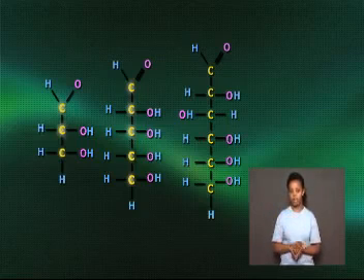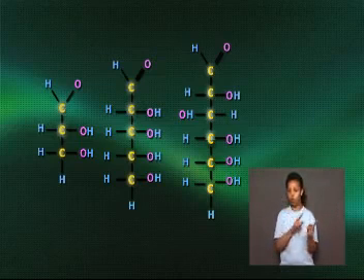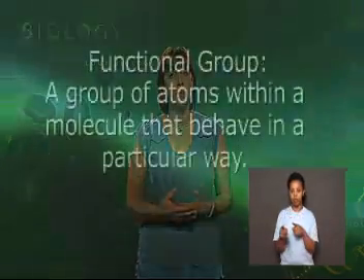A hexose monosaccharide contains 6 carbon atoms, and the formula is C6H12O6. Monosaccharides can also be categorized according to their functional group.